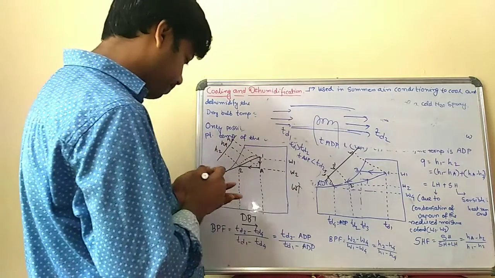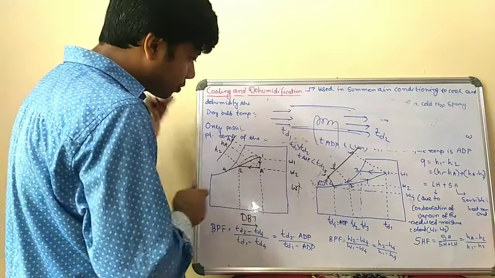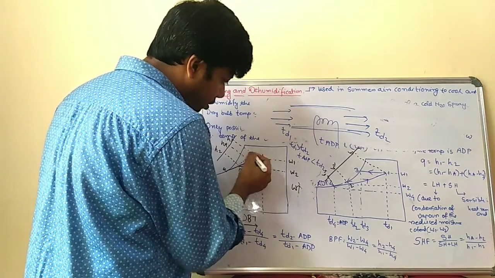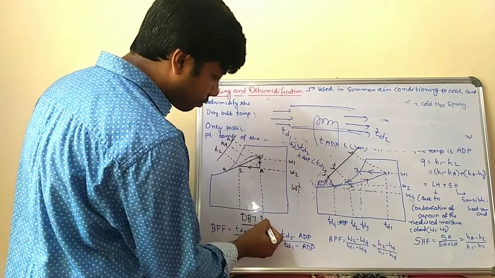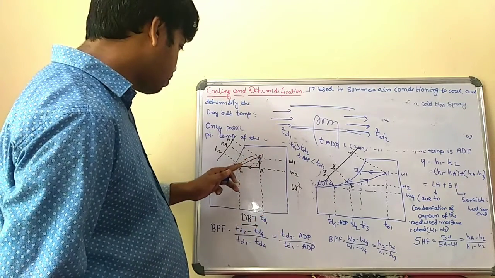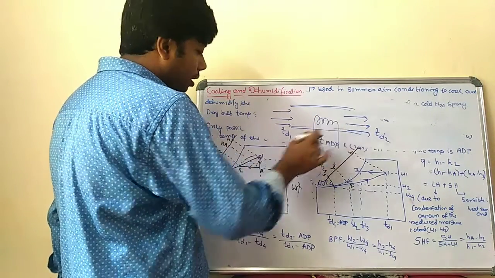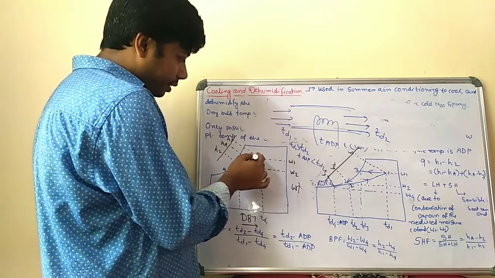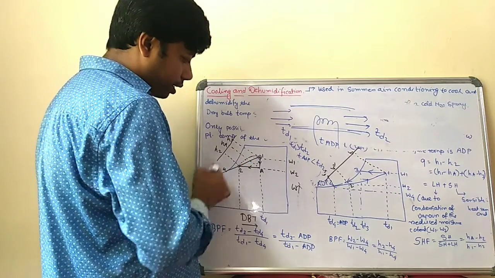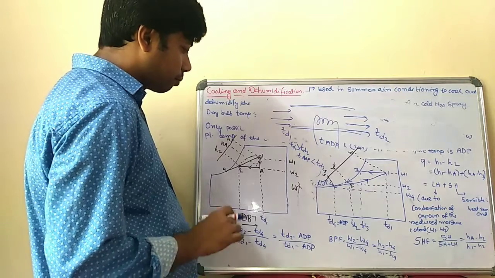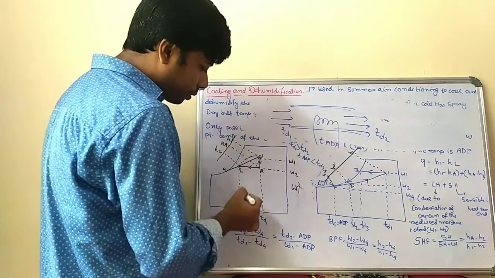So it should follow. Now in this process, what happens? When the air enters through this channel, at point 1, the corresponding dry bulb temperature is TD1, right? Now when the air passes through the cooling coil, the process shows that it reaches this particular point, corresponding to the dry bulb temperature TD2.